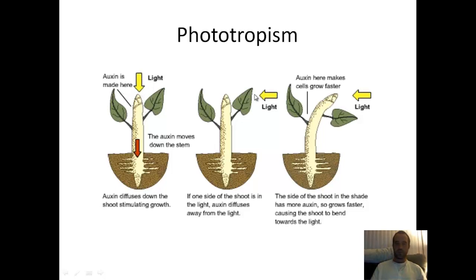If the light were coming from the side, then the hormone on this side of the plant is going to be released and cause the cells on this side to grow faster. These cells are going to grow faster, causing the plant to curve and move towards the sunlight.